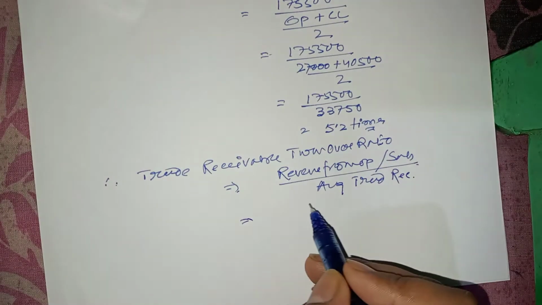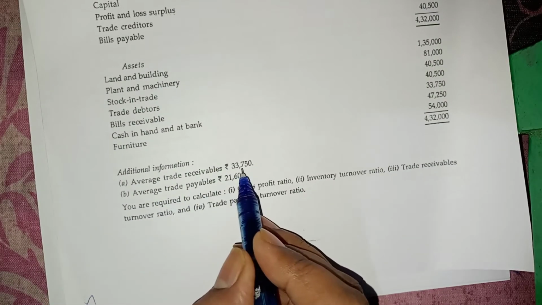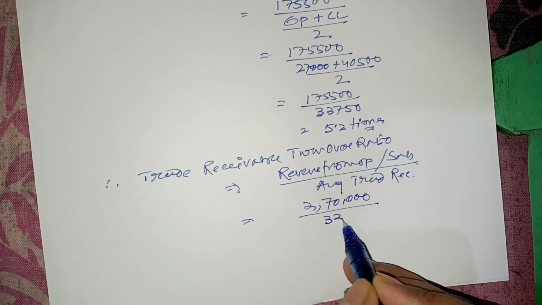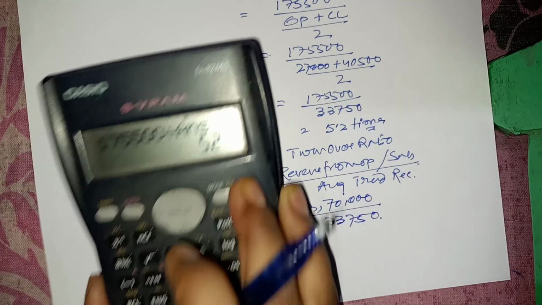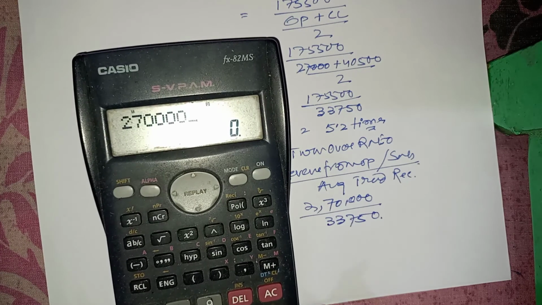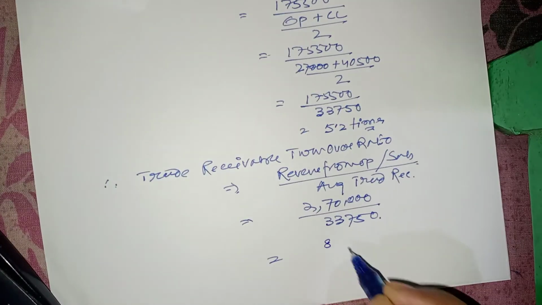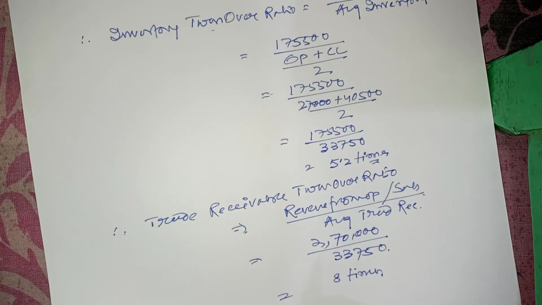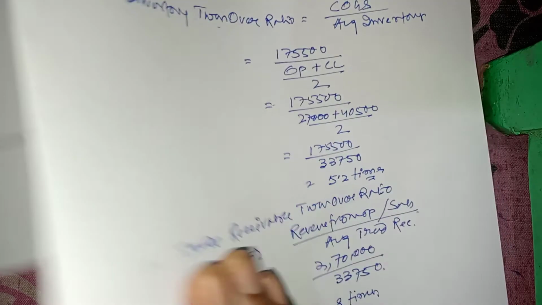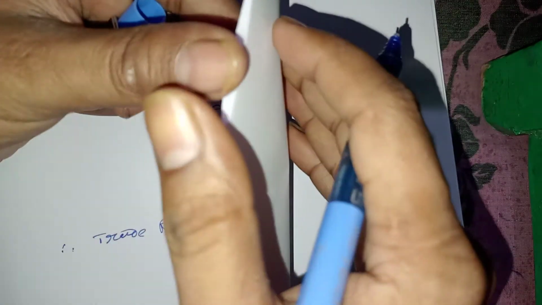We know that revenue from operations is 2,70,000 and the average trade receivable is given as 33,750. So the answer is eight times. Hope, student, you are very clear about the trade receivable turnover ratio and the inventory turnover ratio.